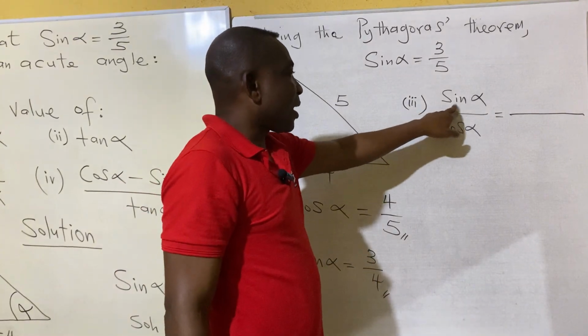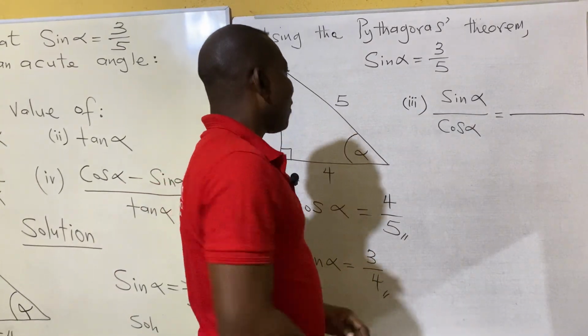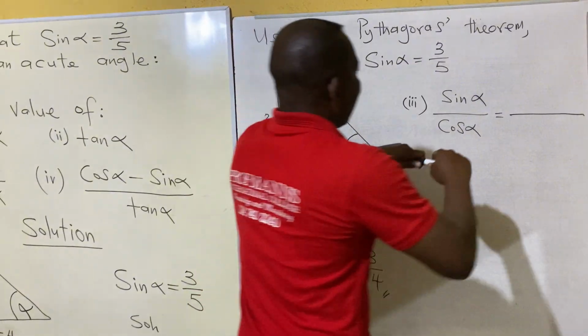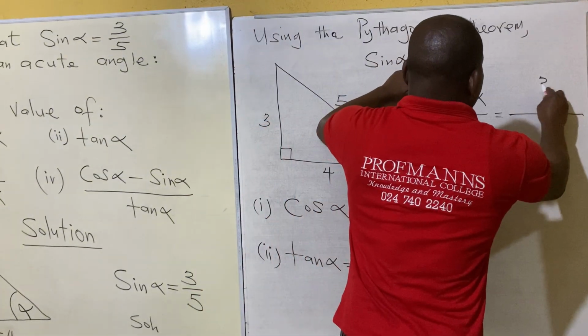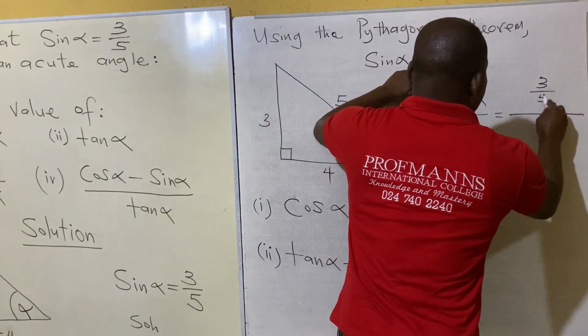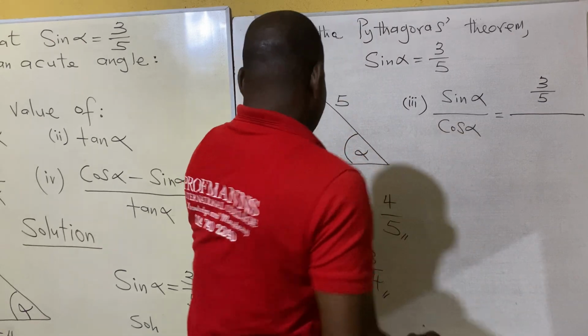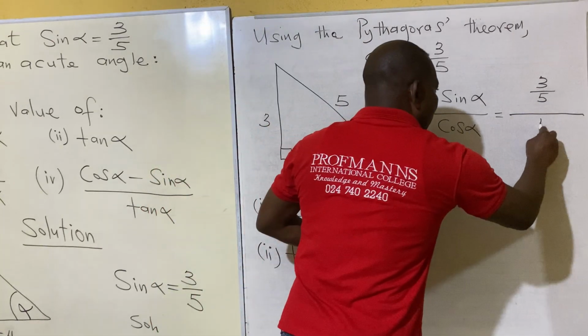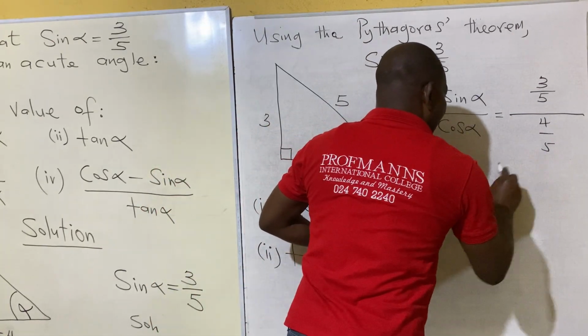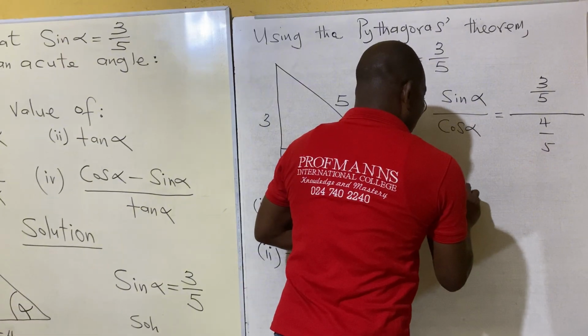(III), sine alpha over cos alpha. What is sine alpha? Sine alpha is 3 over 5. Cos alpha is 4 over 5. So let us solve.